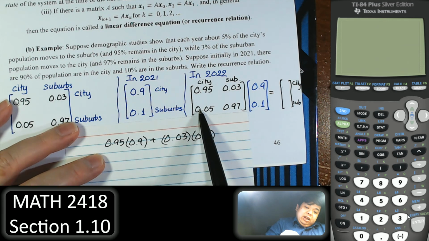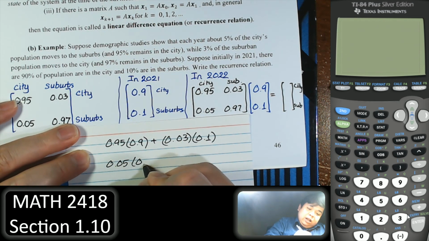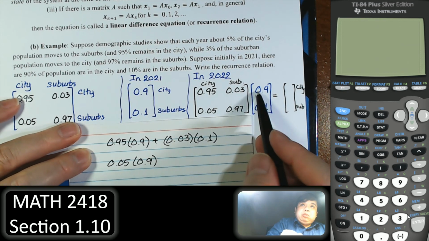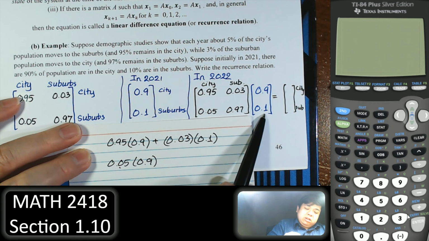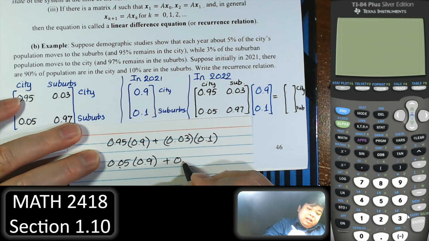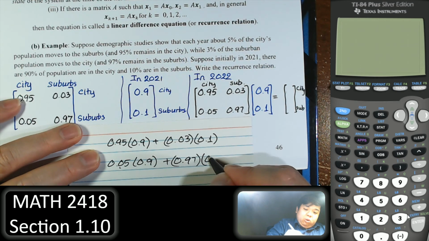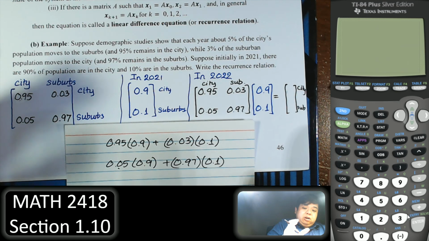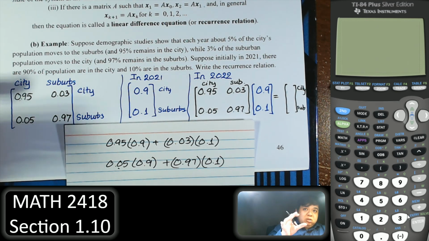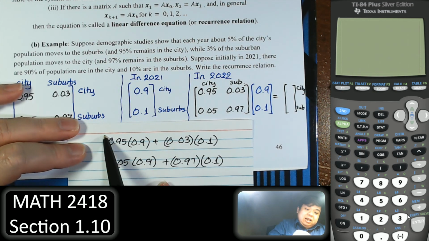Now, if we do this, 0.05 times 0.9, meaning that 90% of the population is at the city and 5% of those will move to the suburbs, and then 97% of the suburbs times 0.1. So 10% of the population and 97% of those 10% will stay in the suburbs. So in that case, we will have this.